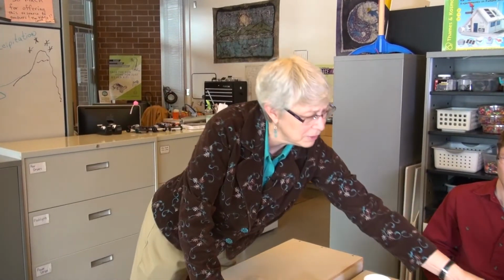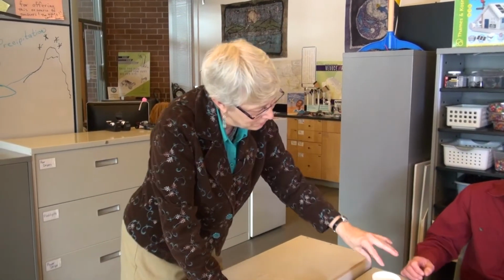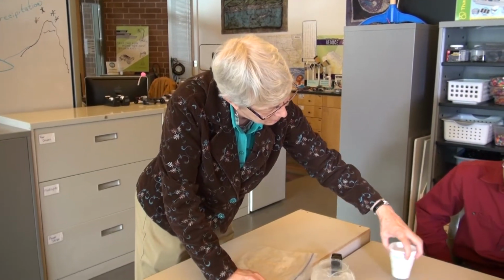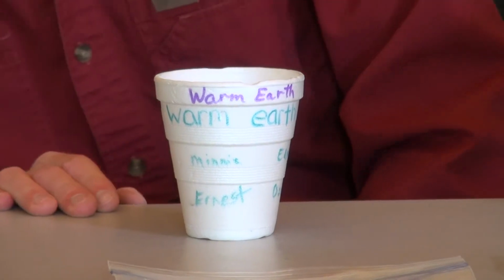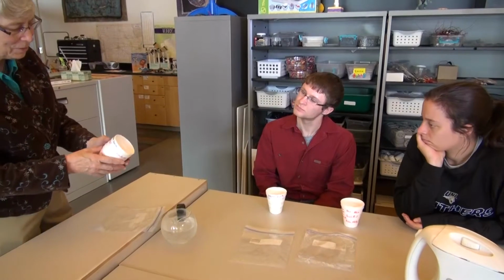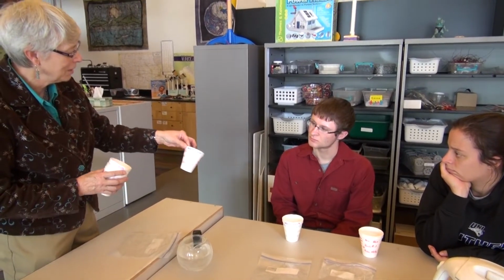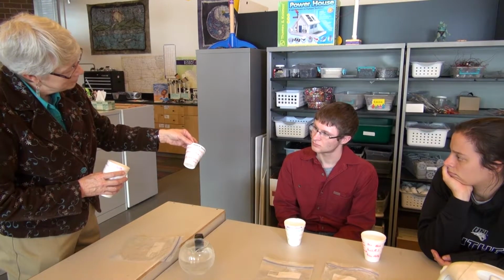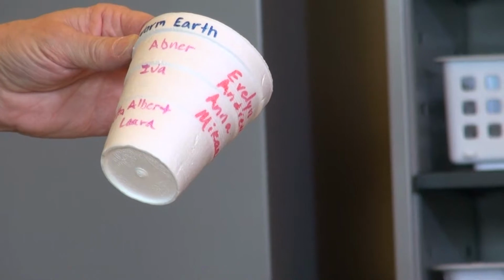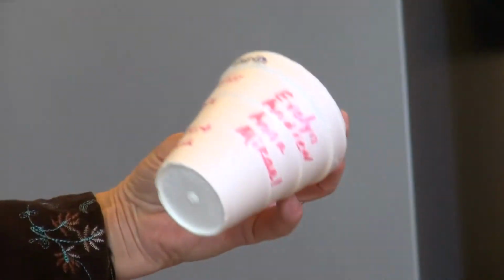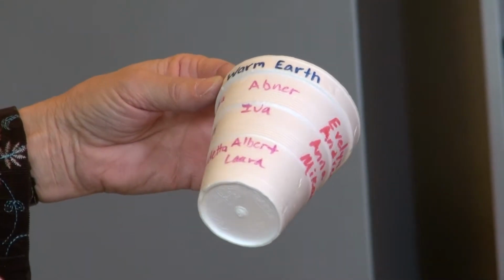Now, on your cups, let's take a look at your cups, because you've got some names on your cups. On your warm earth cups, and I've got some other ones here, I'm going to just kind of read off some of these names. Delpha, Elvin, Burdetta, Albert, Abner. Kind of old-fashioned sounding names, aren't they?